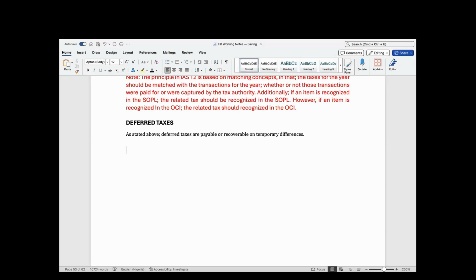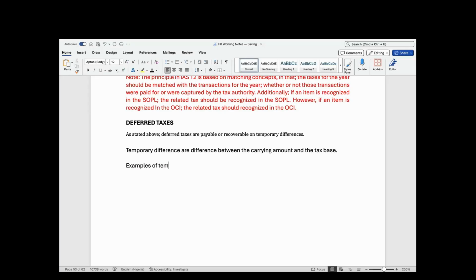And I mentioned that these temporary differences are really the difference between the carrying amount, which is what we recognize in our books, and the tax base, what the tax authority captures for the same amount. Let me give you examples.